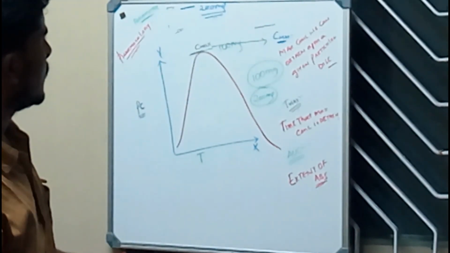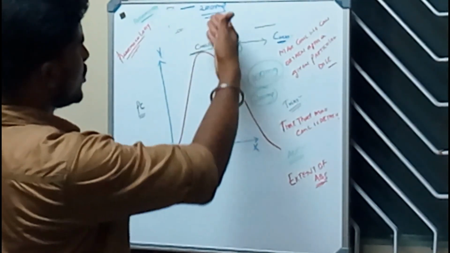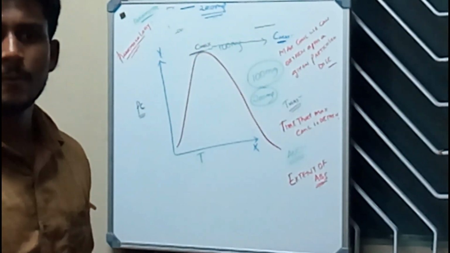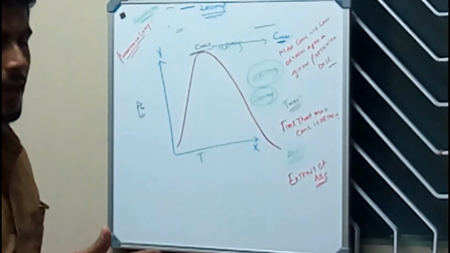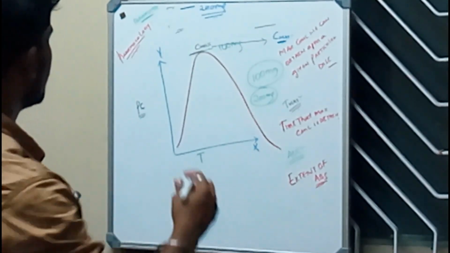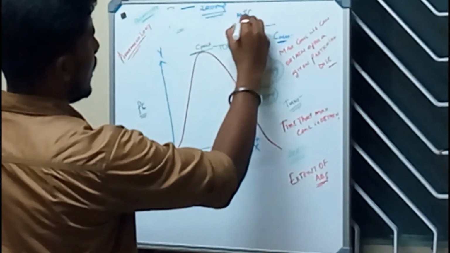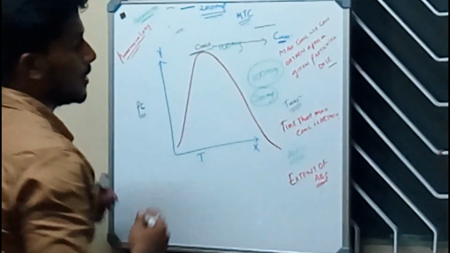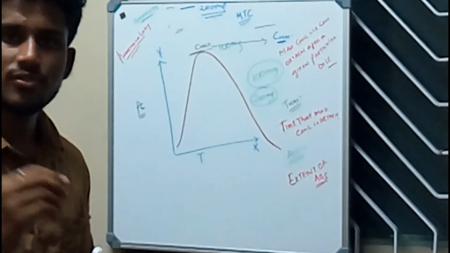What is the difference between 100 mg and 200 mg? In the Cmax there are also a few points like MTC. MTC means maximum tolerated concentration.